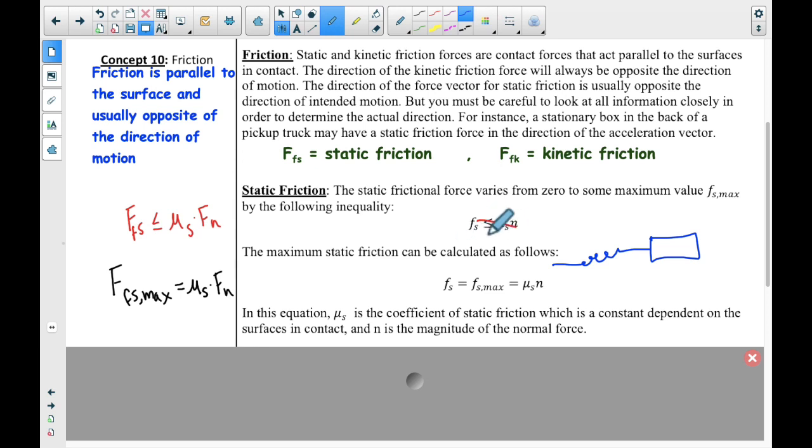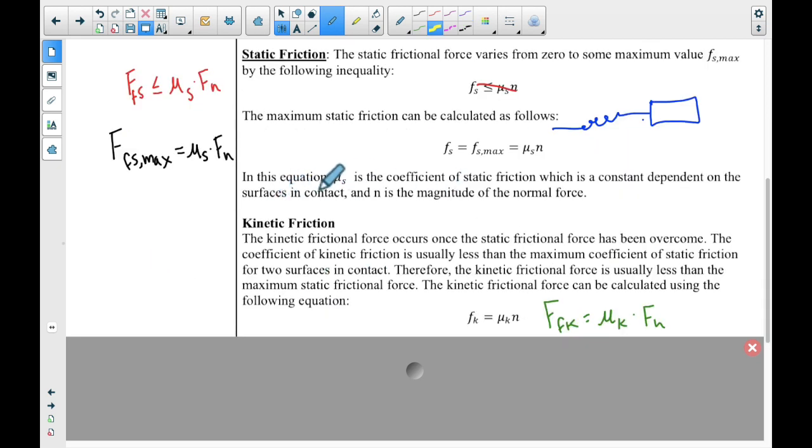That's why it's less than or equal to, because you can pull a little bit, or a little bit more, and it's not until it finally breaks through that it reaches its max. So the max value for static is mu times the normal force again. It's the same equation, it's just that this is the max value, whereas the other covers all those little intermediaries in between.